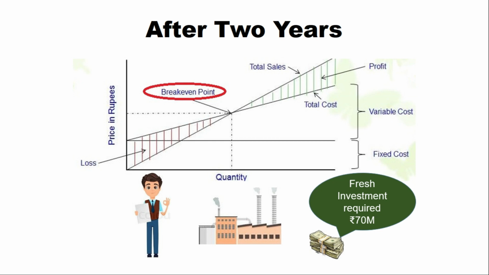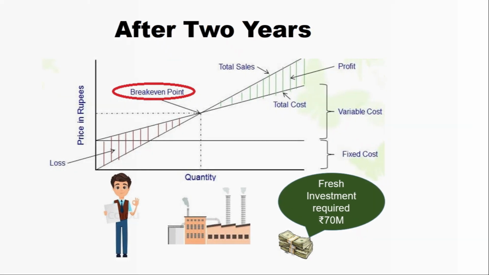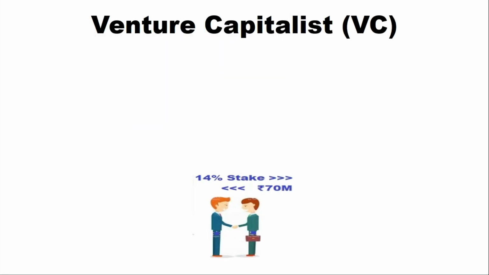Healthy inflow of revenue validates the business and its offerings. He is now in a situation where he can access more advanced and professional investors for investing in his business. Let's assume he meets one such professional investor who agrees to give him 70 million for just a 14% stake in his company.